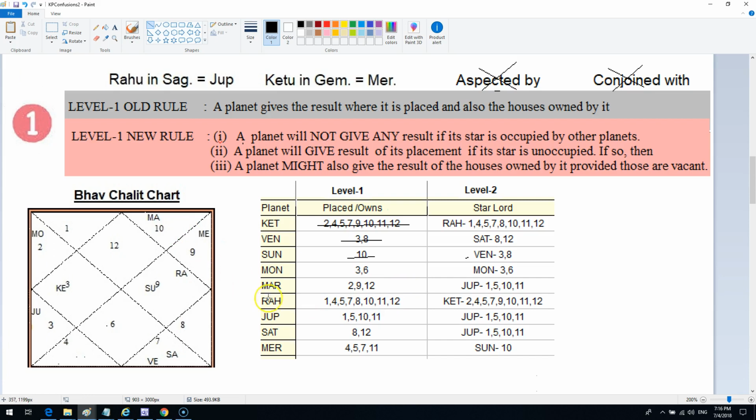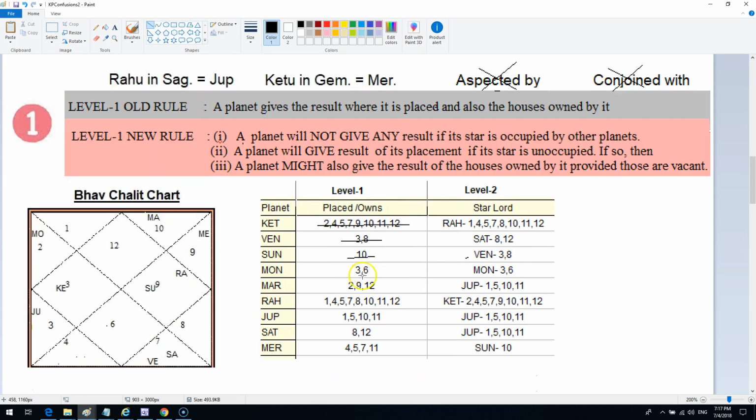Mars is in the 12th house, so the 12th house result it will give. But what about the other houses? Mars is owning the second house and the ninth house. So we have to look at this particular rule and ask whether those houses are vacant or occupied. We find that these two houses are vacant. So we are going to retain 2, 9 and 12.